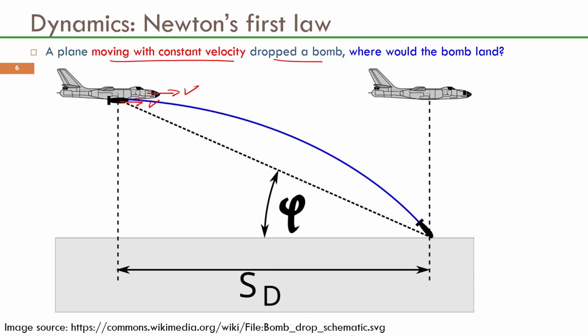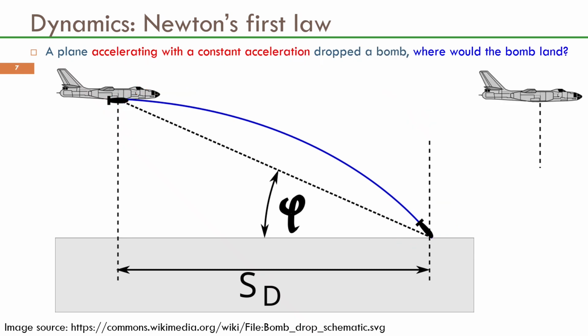If we assume there is no air resistance, after the bomb is dropped, the bomb is going to experience free fall along the vertical direction, but horizontally, its velocity v will not change. So both the bomb and the plane move with the same horizontal velocity. As a result, the bomb is always going to be directly under the plane. The situation will change if the plane is accelerating.